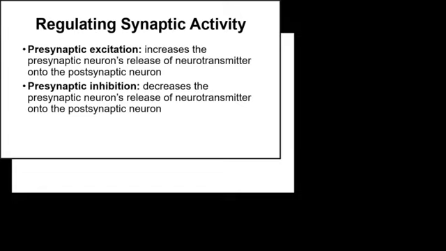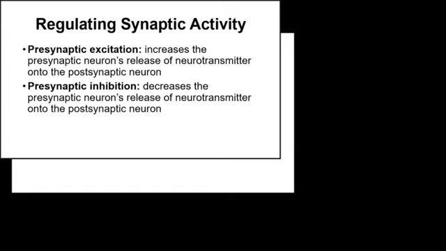We're talking about the presynaptic neuron, so we know we're looking at the one that's releasing the signal across that synapse. We're looking at excitation, which is an increase. So we're going to increase that presynaptic neuron's release of a neurotransmitter.